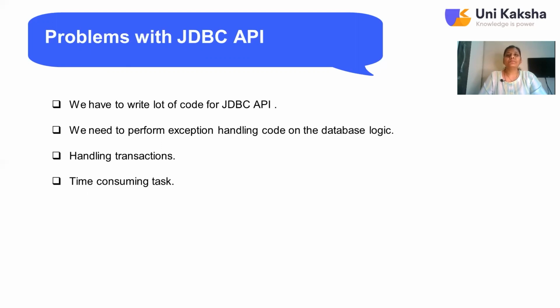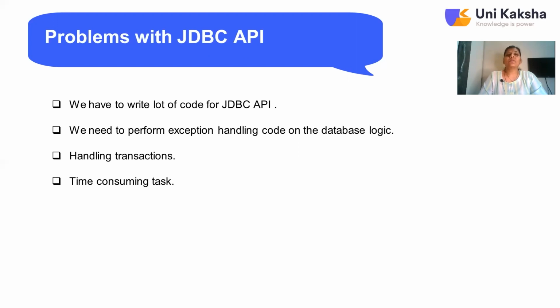Now, before introduction of the Spring Jdbc, we were using this Jdbc API for connectivity, and it is going to create lots of problems for the users, such as time consuming.